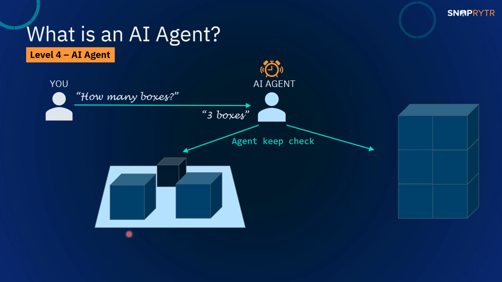So this level 4 AI agent, which is super advanced at the moment, is contextualized. It is aware. The only thing is that this agent is not a person. It is a program which is intelligent and it is context aware.